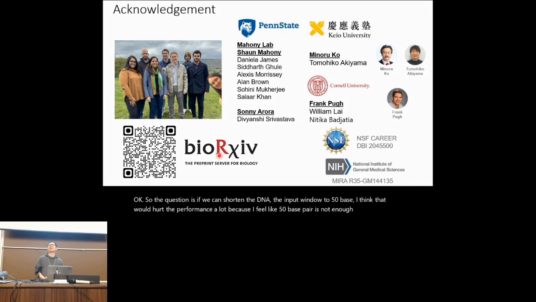At 250, I think it should still give an okay performance because I have tried a model like that. But the point is, it should be big enough to cover both the transcription factors and the cofactors. 250 hits the limit of incorporating two factors in the same window. So I would always suggest the bigger the better, if your GPU is able to hold that big input.